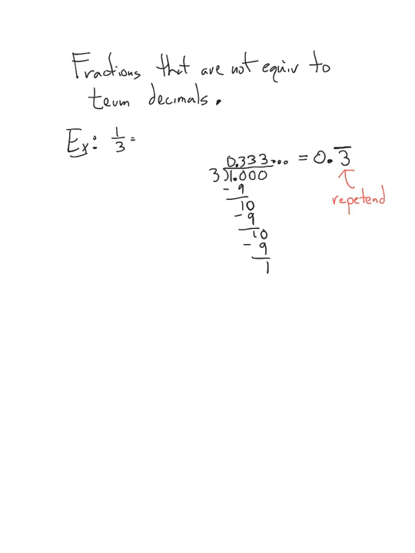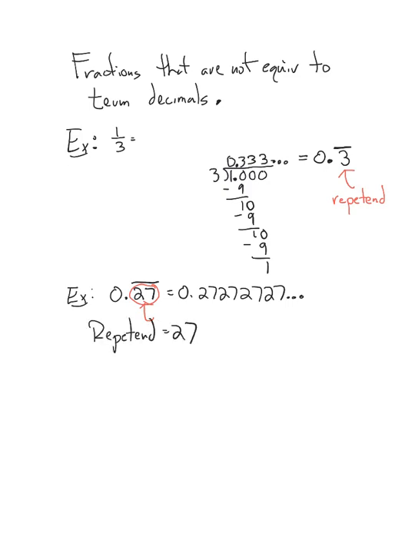And so let me just give you another example. 0.27 repeating. Here is our repetend. It's 27. And that is 0.27272727 off forever. So our repetend in this case is 27. And the next thing is the period. So the period is just the number of digits in the repetend.